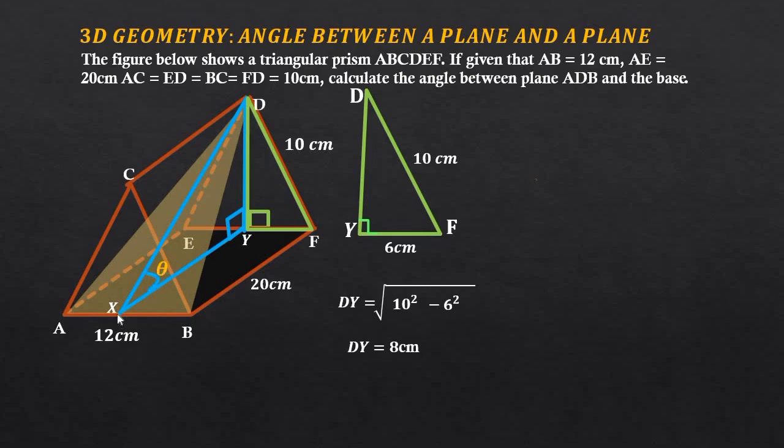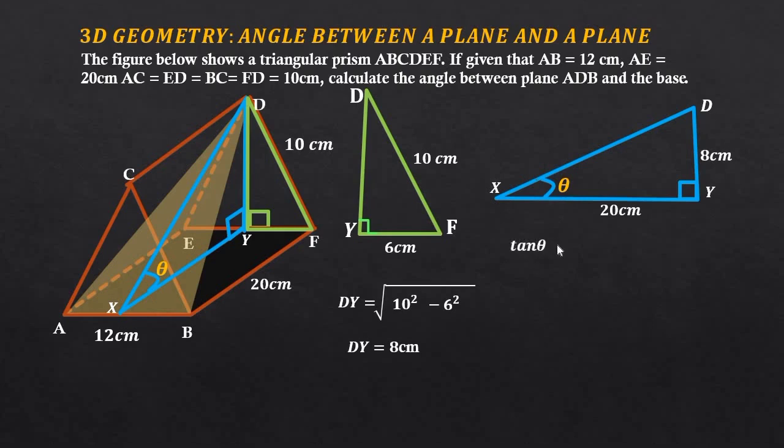Now, if we know XY and DY, just as shown here, if DY we've already determined as 8 centimeters and XY we also saw was 20 centimeters, then with this we can go ahead and determine the value of theta. Now, since this is a right angle triangle, DY and XY are related to theta by tangent. So we say tangent of theta is equal to opposite over adjacent.